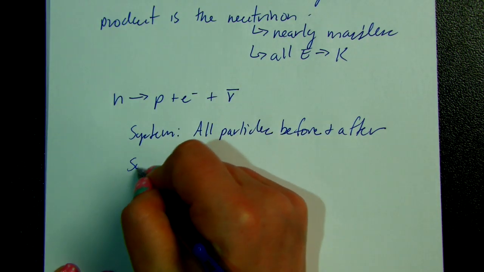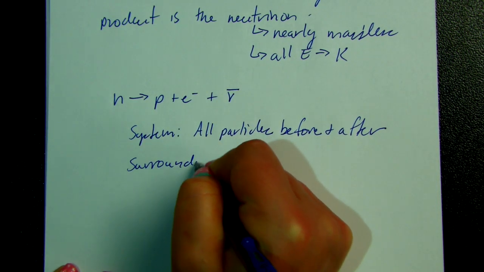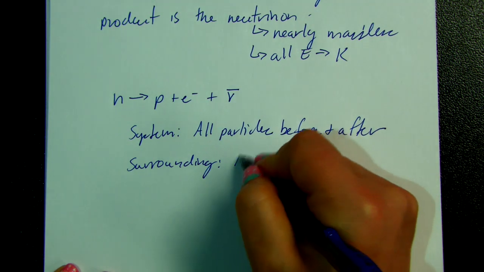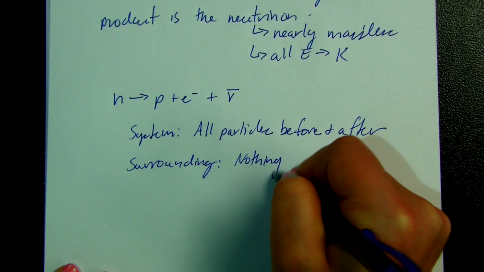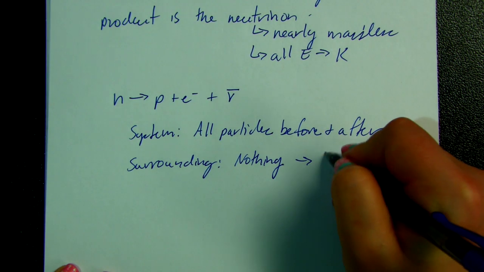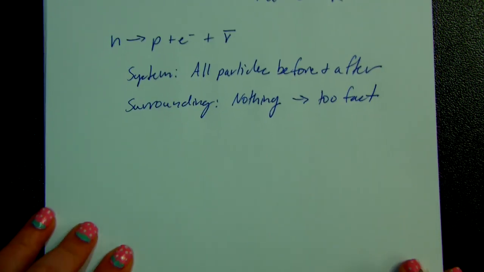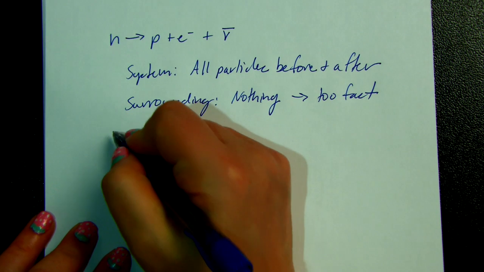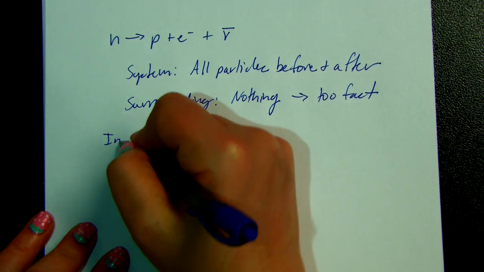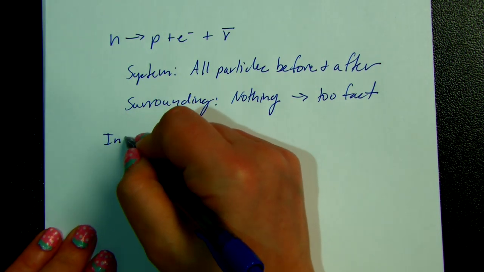So the surroundings: neutron decay happens pretty fast, so there's really nothing that's going to impede that. There's no reaction time. It's too fast. So remember, look at the assumptions we're making in lecture. This will help you as you're making assumptions in your homework and exam and quiz problems.